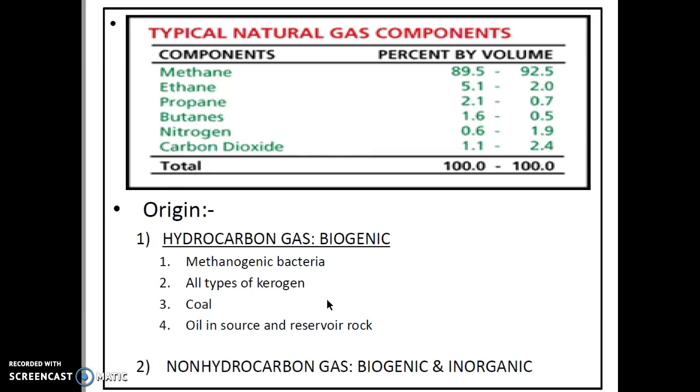Meanwhile, for the hydrocarbon gas formed from source number 4, we still need temperature, but this time we need more temperature to crack the existing oil and any oil that still remains in the source rock and reservoir rock. This time we call it secondary cracking.